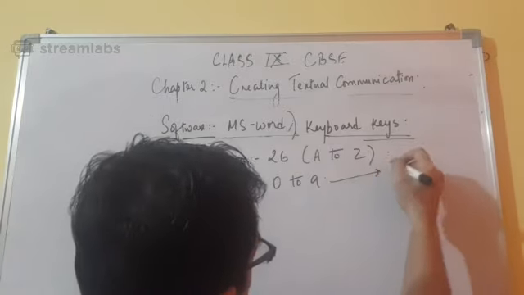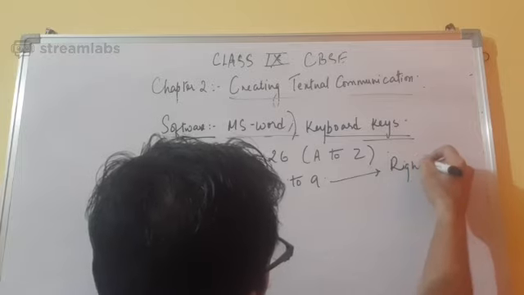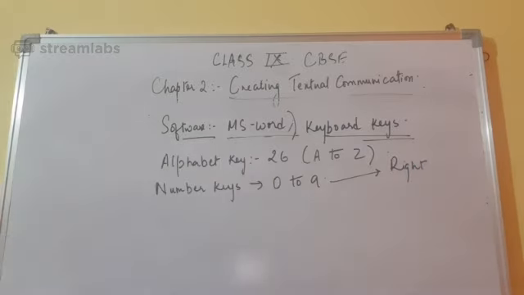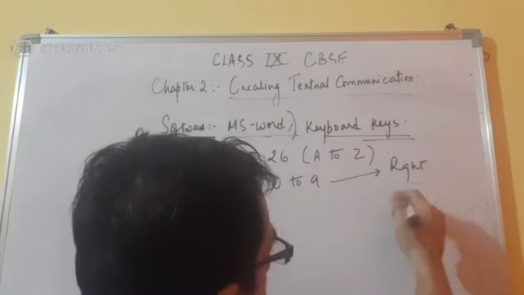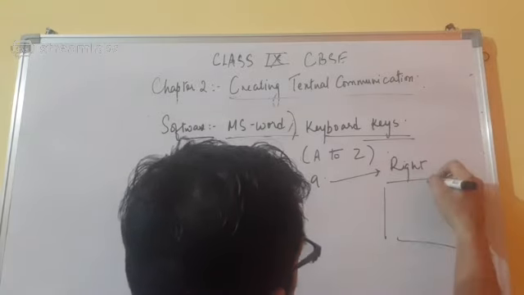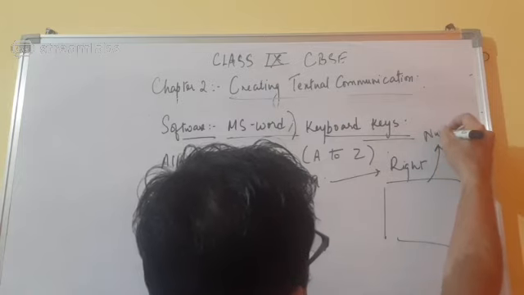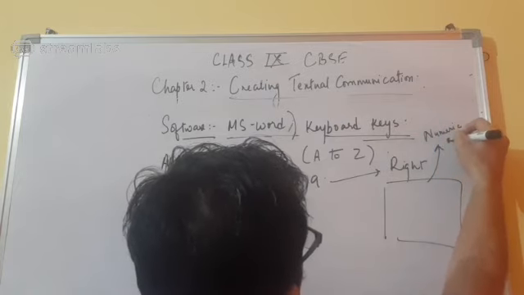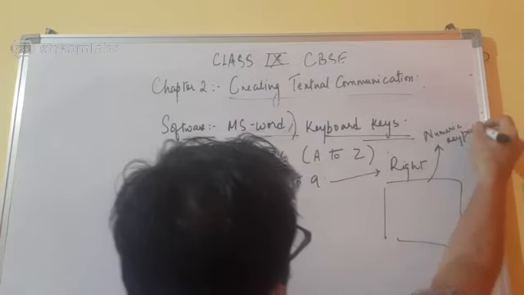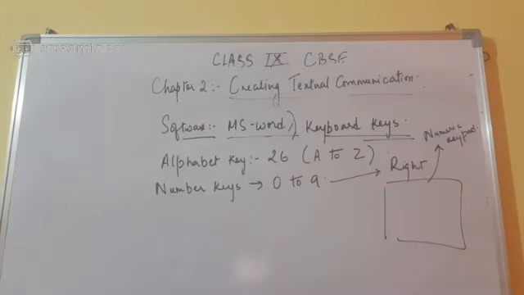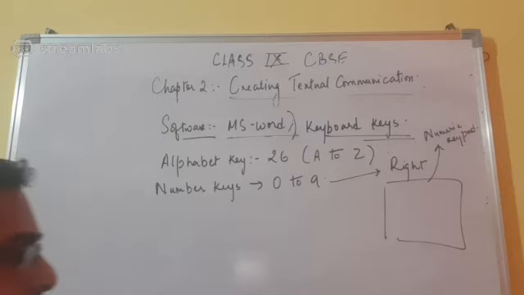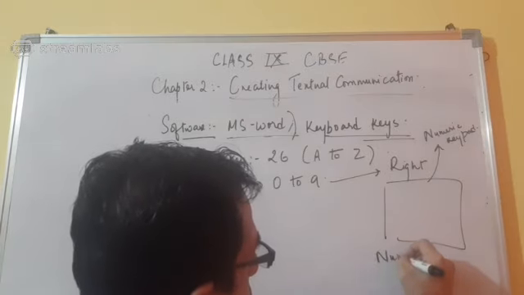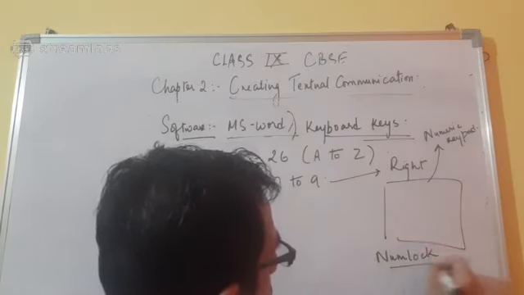The right side of the keyboard also contains a collection of keys which are 0 to 9, and that collection is called your numeric keypad. The numeric keypad can be operated only when your numlock key is on.